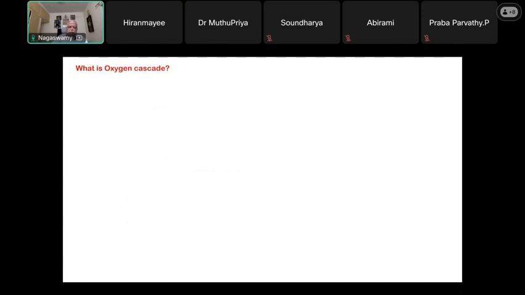That is about 2 to 3 millimeters of mercury. So from almost 100 millimeters of mercury, when it is ultimately delivered to the mitochondria within the cell, the pressure drops to almost 2 to 3 millimeters of mercury. This stepwise reduction in oxygen partial pressure is what is called the oxygen cascade.